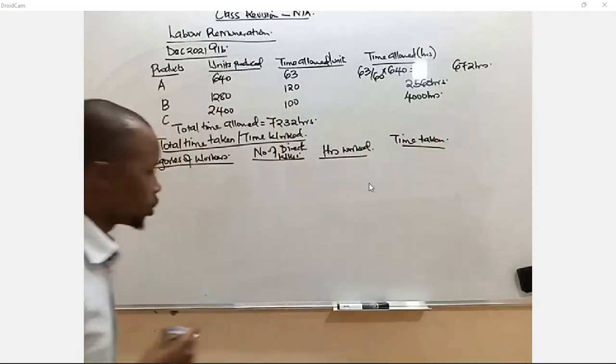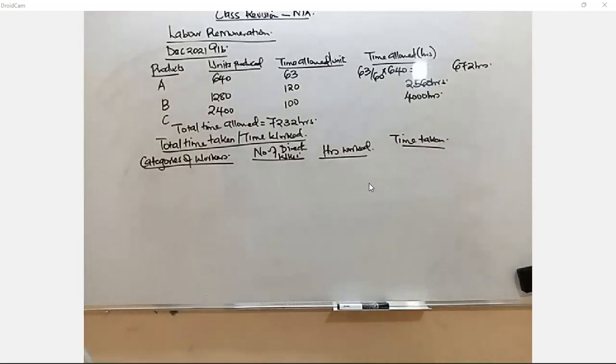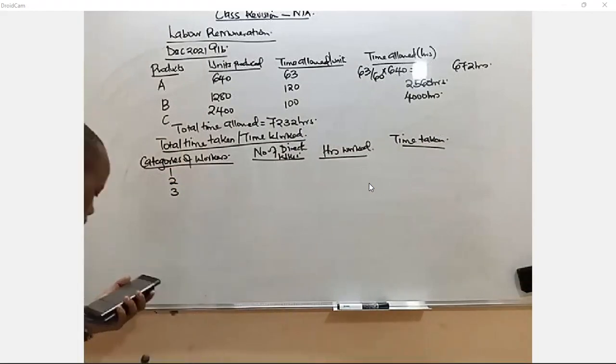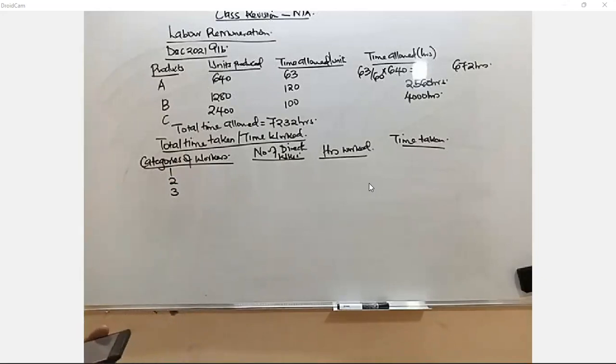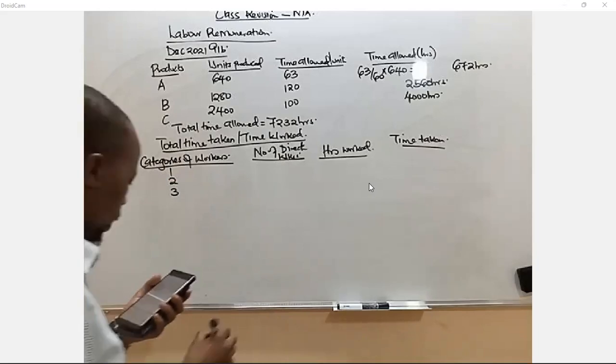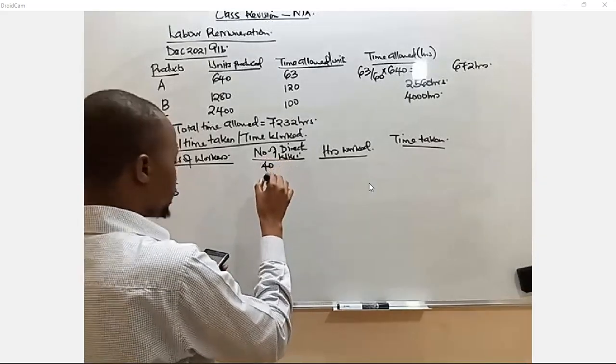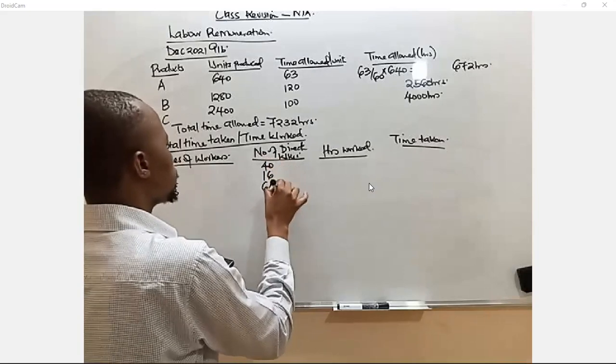So the categories of workers, as per the question, we are already provided with the grade of workers. We have 1, 2, 3. The number of direct workers, we have 40, 16 and 64.